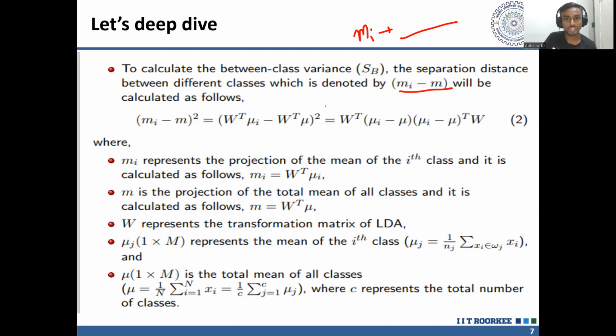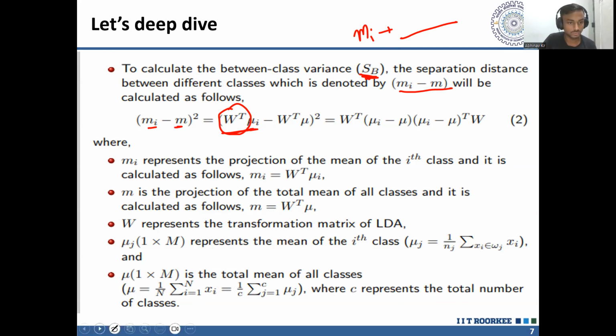So for calculating SB, we say the distance, that is Mi minus M squared, is W transpose mu i minus W transpose mu, squared. What is this W transpose? W transpose is the transformation of the mean of the current class into a lower dimension, and then we project those two means into a lower dimension, and we are taking the distance between them, right?